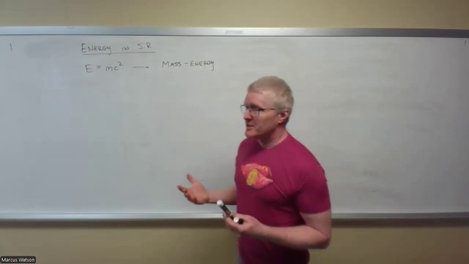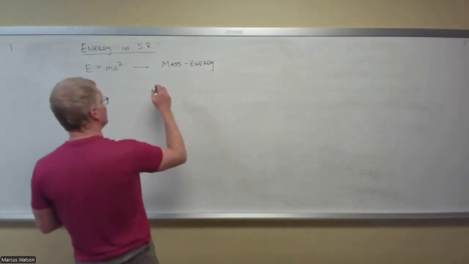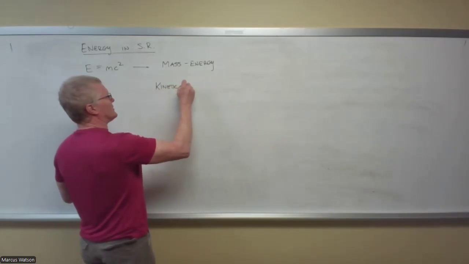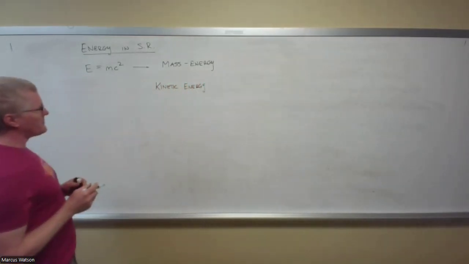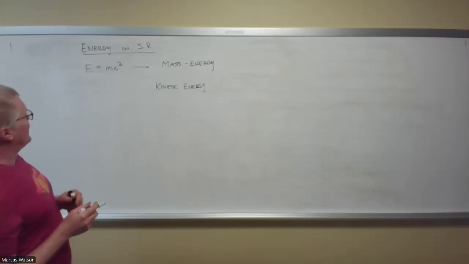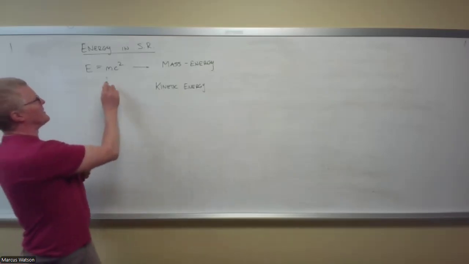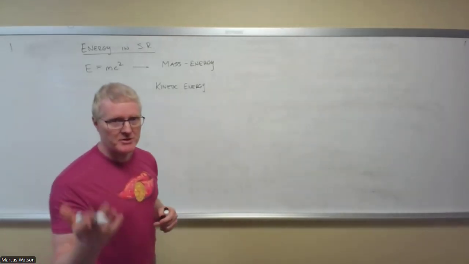So in special relativity, there's mass energy, and then of course there's also kinetic energy because things have to be moving. So kinetic energy goes this way. Essentially, this is the mass energy of something when it's not moving with respect to you.